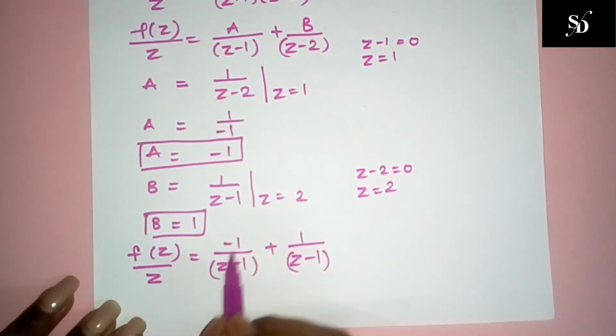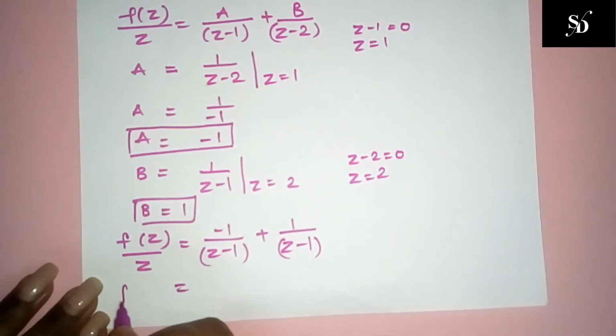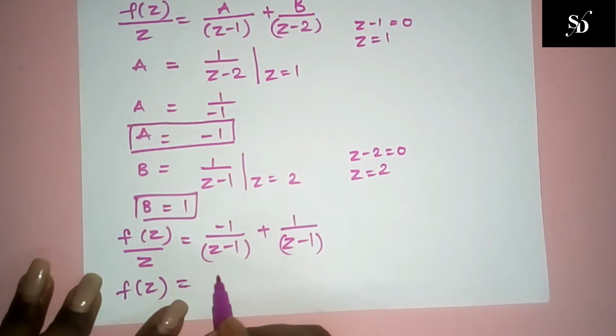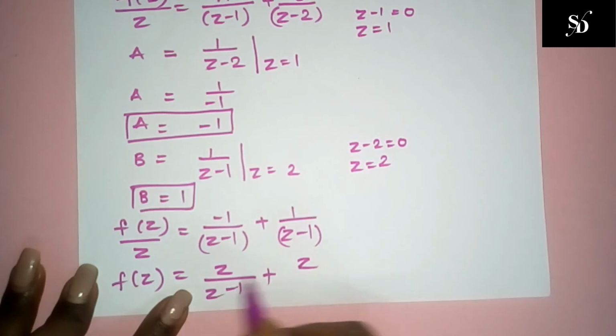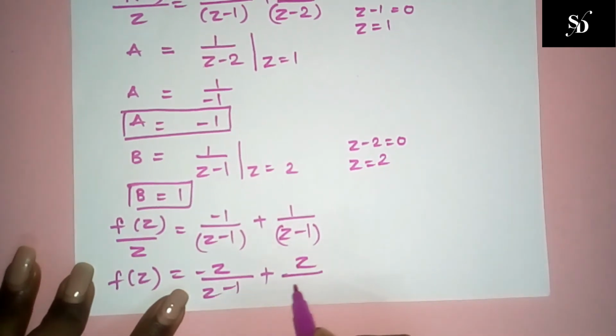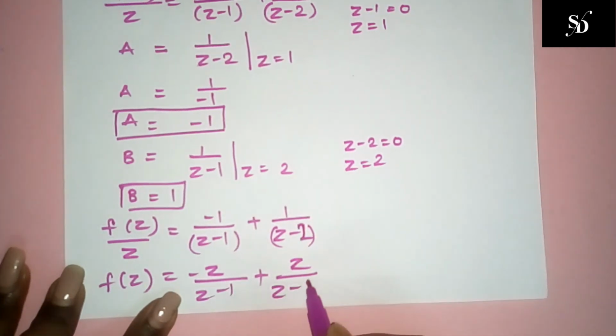So it becomes minus z and z. Therefore F of z is equal to minus z upon (z minus 1) plus z upon (z minus 2).